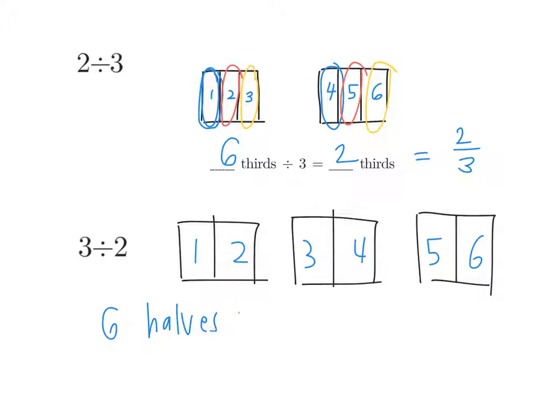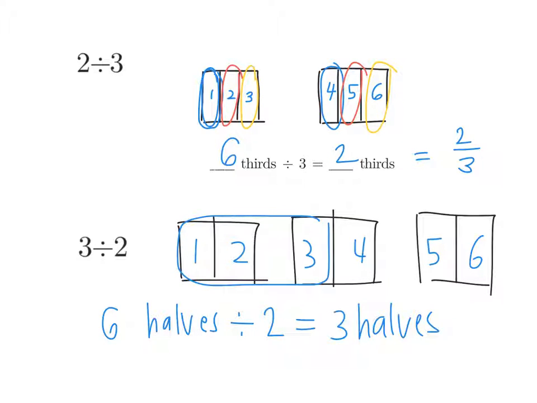And I split it into how many equal groups? 2. If there's 6 halves and I want to split it into 2 equal groups, how many halves does each group get? 3. So 3 halves. It'd be like this is one group, right? And this right here is another group. Do you see how each group gets 3 of the half pieces? So how do I write 3 halves as a fraction? 3 over 2. Okay, cool.